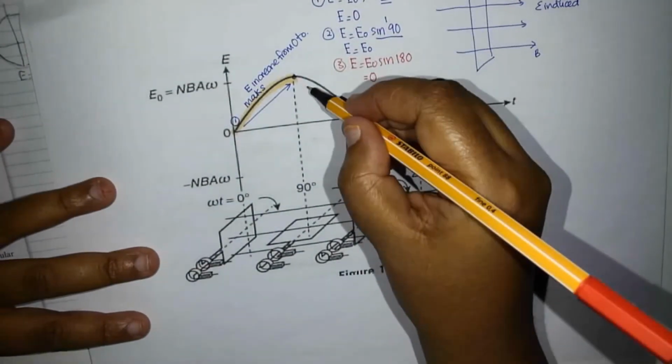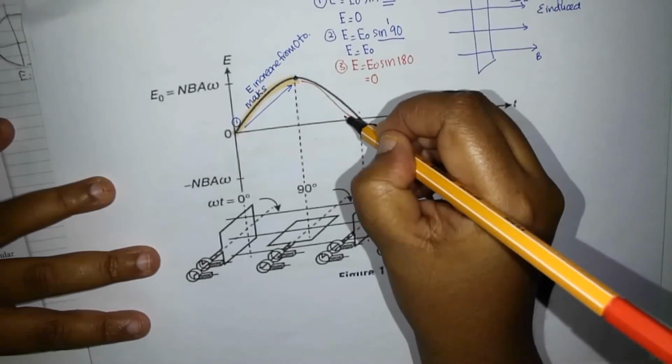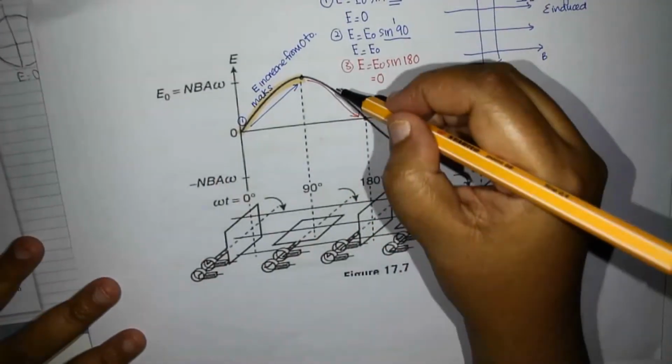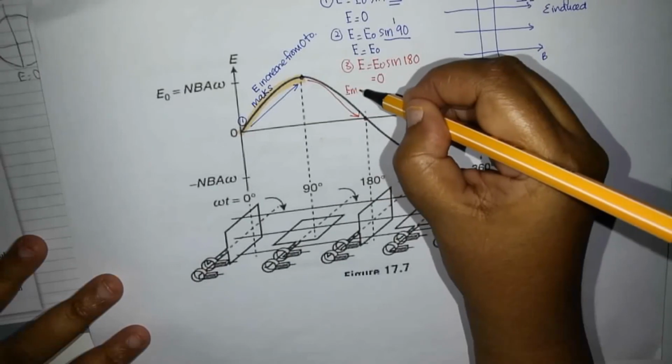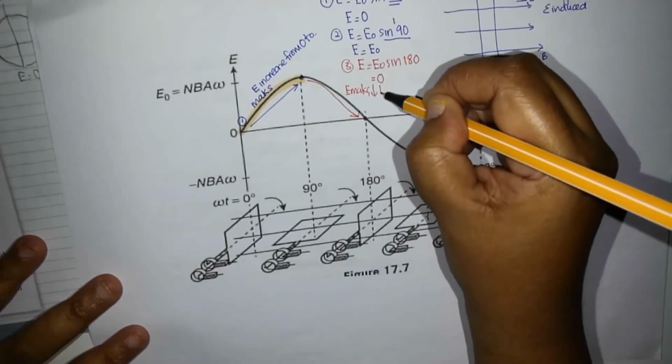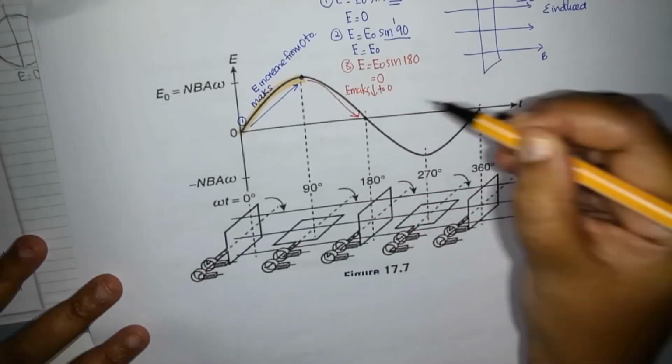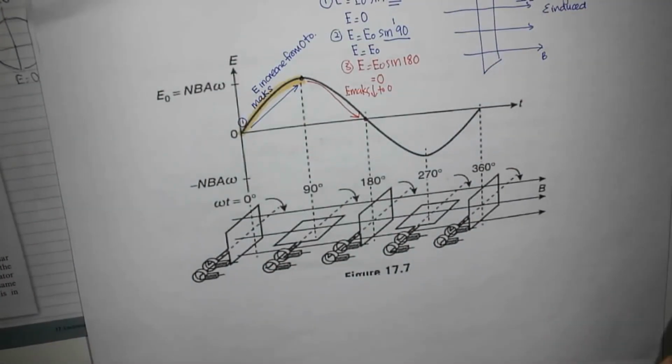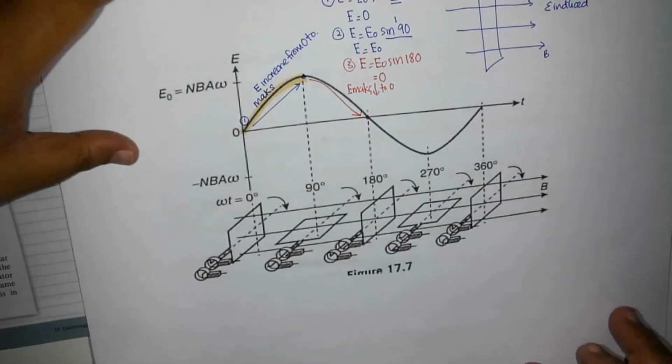That means induced EMF decreases from maximum to 0, from 90 to 180 degrees. So you get the graph like that.